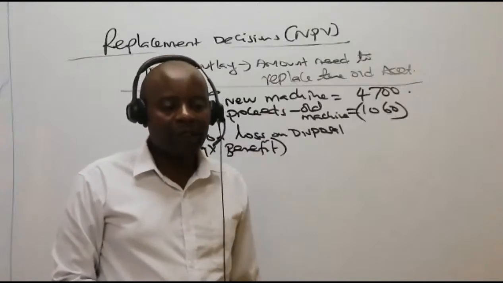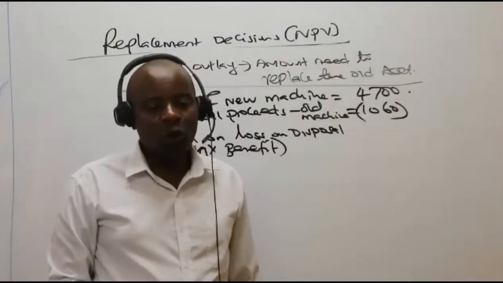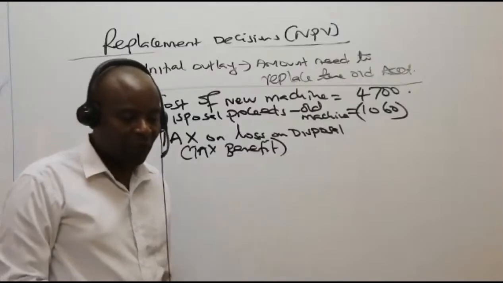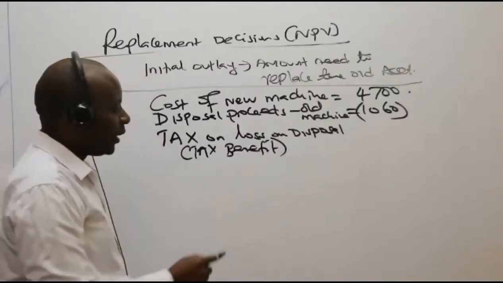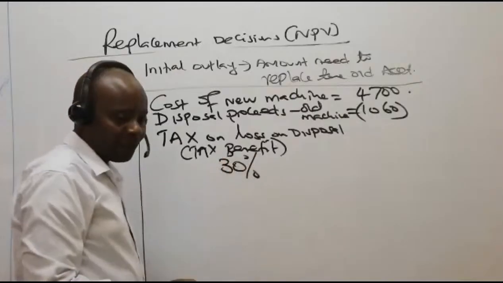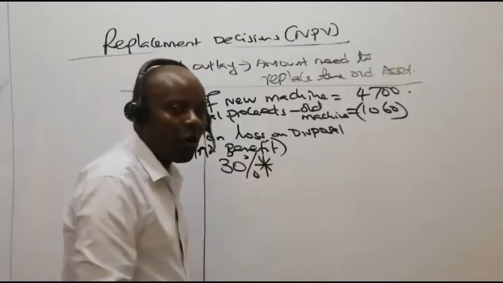Then we need to know the rate of taxation given by the examiner. Somebody is telling me it is 30%. So 30% of the loss on disposal.